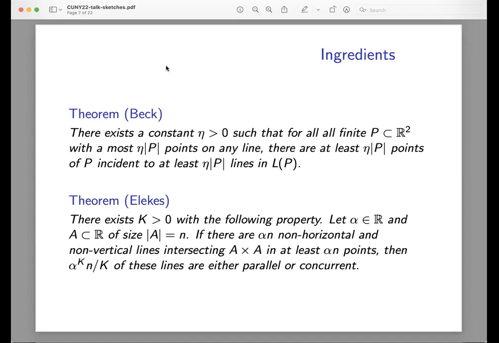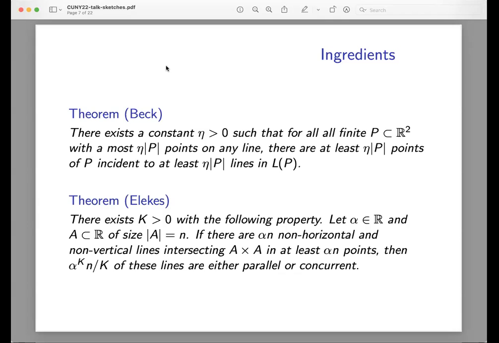The first one, one of my favorites, is Beck's theorem. It's called the two extremes. What Beck's theorem says is that there is some parameter eta. If you don't try very hard, you take it to be very small; if you try hard enough, you can take it to be a bit larger. But anyway, there is some parameter eta with the property that if you have any finite point set that has few collinear points, so the number of collinear points is at most a proportion eta of the number of points, then you get a proportion eta of the points that are incident to at least eta times the number of lines from LP.